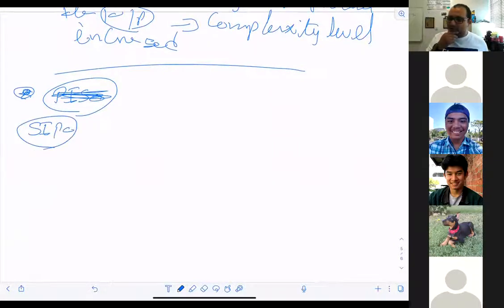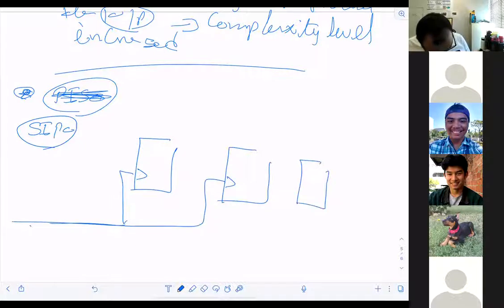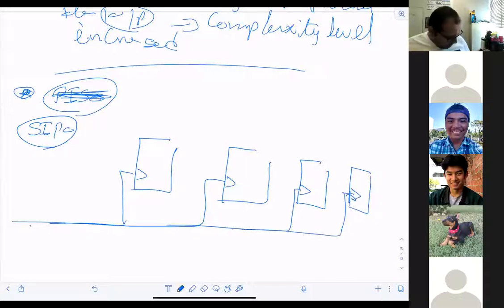SIPO is a piece of cake, right? Why? I'm not gonna make the register look like anything more than flip-flops. Let's make it flip-flop. That's fine. So anyway, you're gonna be like this, like that, like this, like that, right?